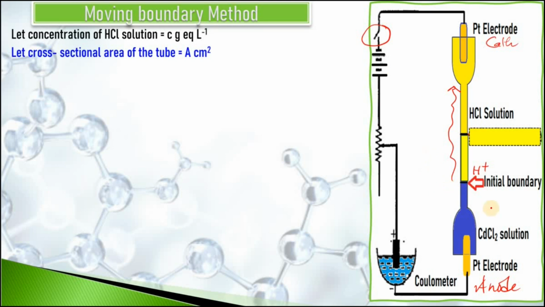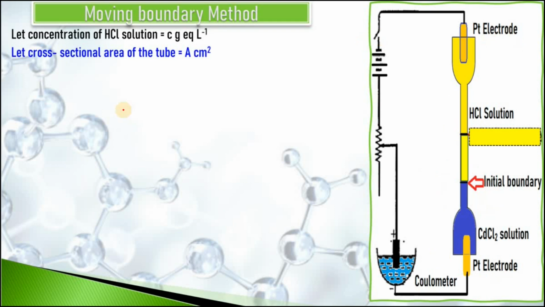As the hydrogen ion moves, so do the cadmium ions. They also start moving towards the cathode. But the ionic mobility of hydrogen ion is higher than that of cadmium ion. As a result, when the circuit completes, the initial boundary starts moving, but cadmium ions cannot overtake hydrogen ion, so the boundary remains between these two solutions.